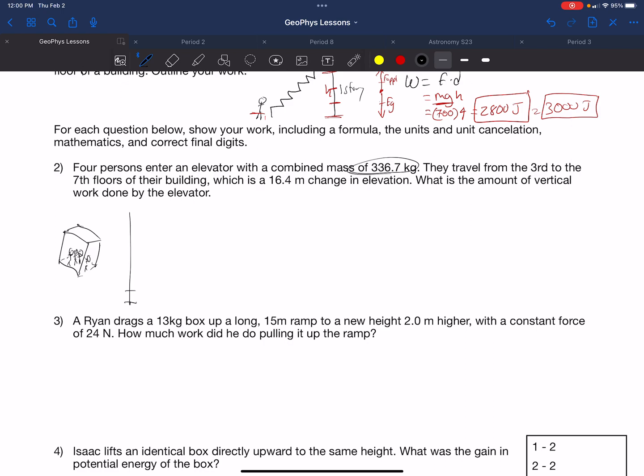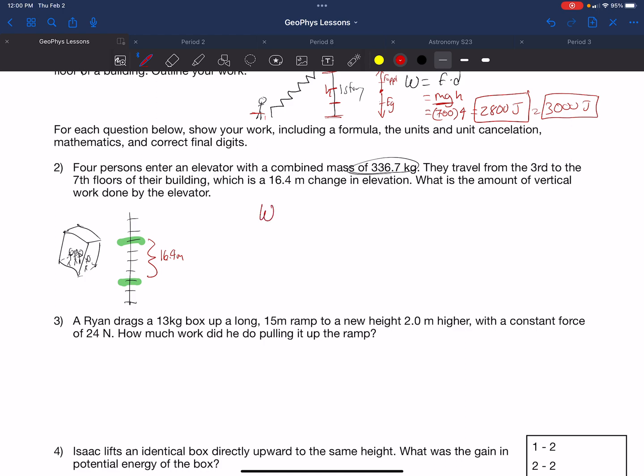So 3rd floor to the 7th: 4, 5, 6, 7. 4 floors. And it's a 16.4 meter change in elevation, in altitude. What is the amount of vertical work done by the elevator?